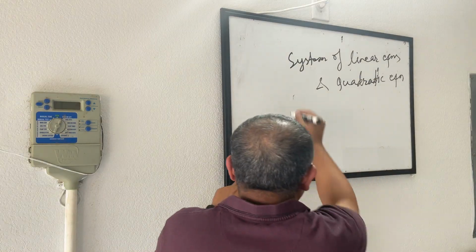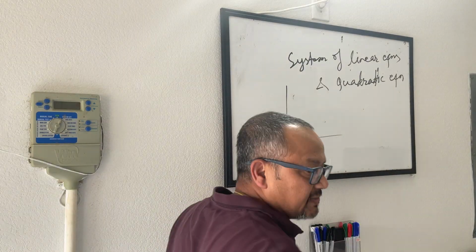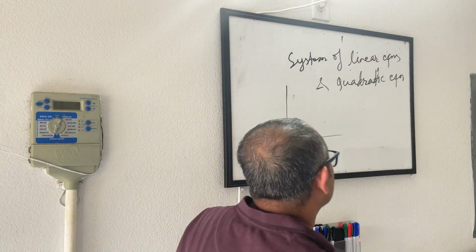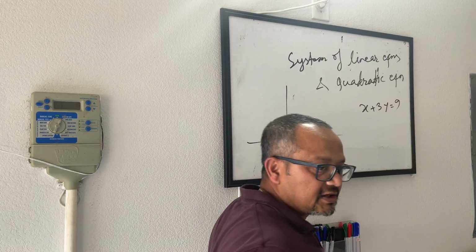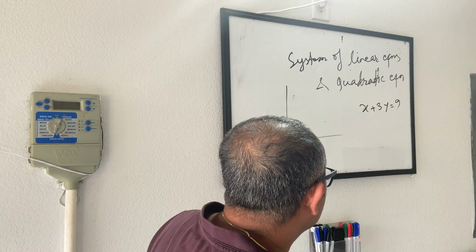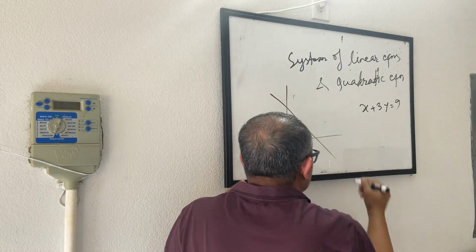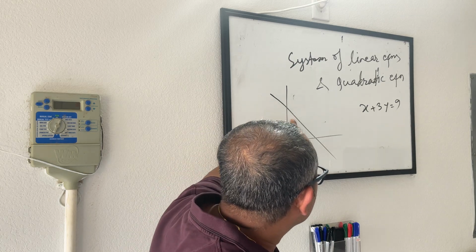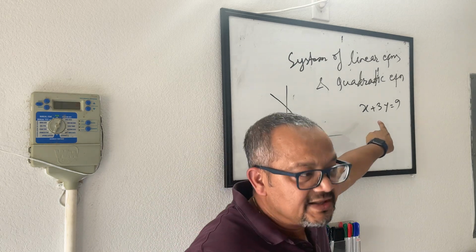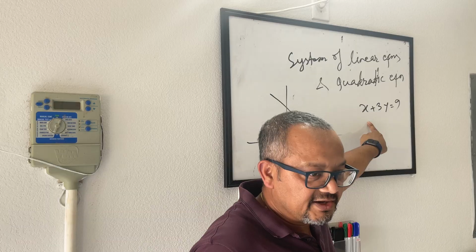Now let's visualize this as a coordinate plane. If I have a linear equation, let's say x plus 3y equal to 9, and I draw this, it draws a line like this. Meaning each and every point on this line will abide by this contract, this agreement.